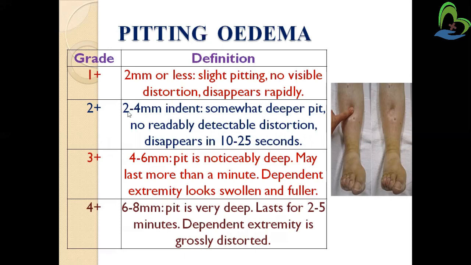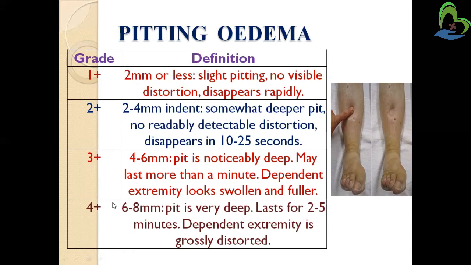The second is 2 plus, meaning a 2 to 4 mm indent and somewhat deeper pit, no readily detectable distortion, and it disappears in 10 to 25 seconds. The third is 3 plus, which means a 4 to 6 mm pit that is noticeably deep and may last more than a minute, and the dependent extremity looks swollen and fuller.